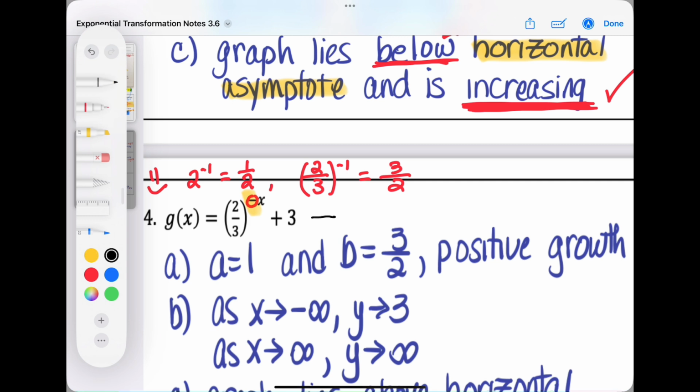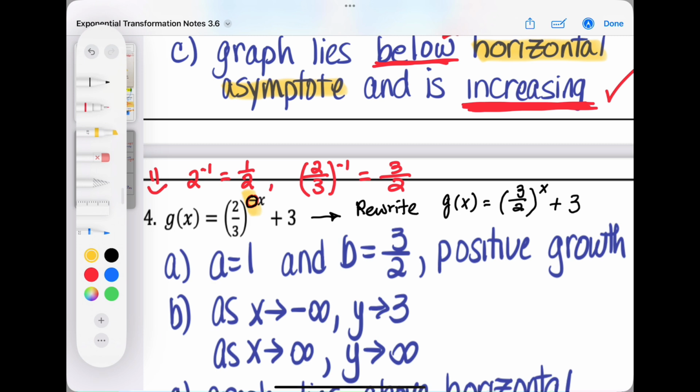So we say step 1, I am going to rewrite the equation. So my function g of x, because the negative power tells me I'm going to flip it upside down, becomes 3/2 to the x power, then plus 3. Aha.